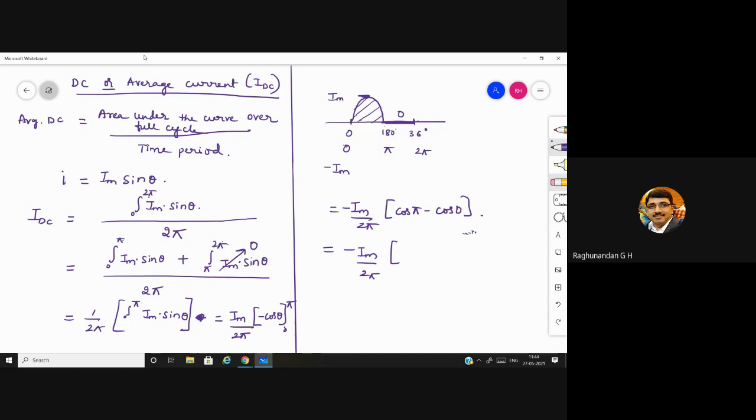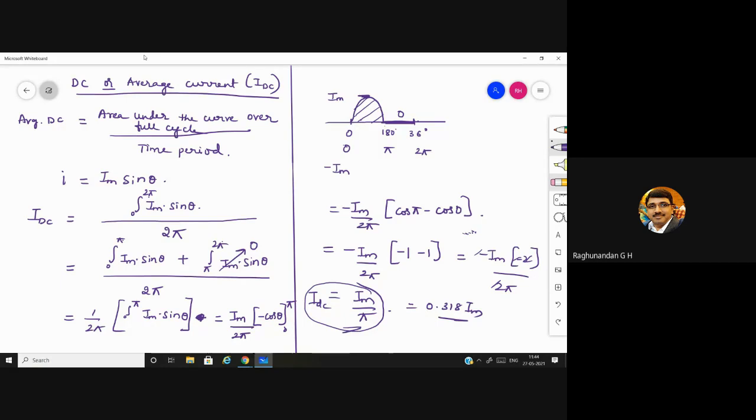Cos pi is minus 1, so that becomes minus Im into minus 2 by 2 pi. The 2 gets cancelled and you will have Im by pi. So this is the DC current equation, IDC. If you want, you can take 1 by pi as 0.318 Im also, or you can stop it here.